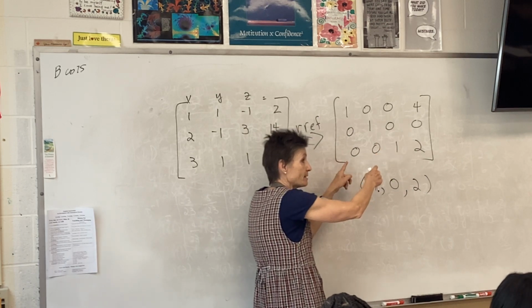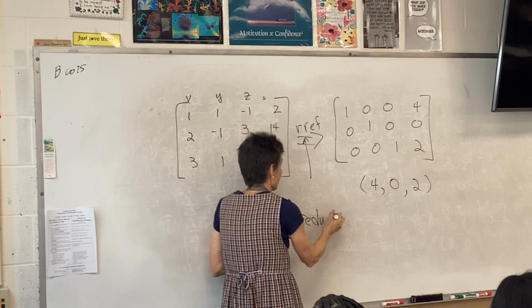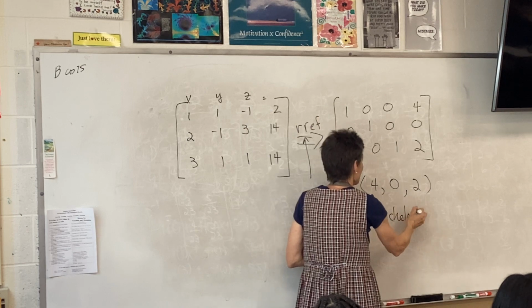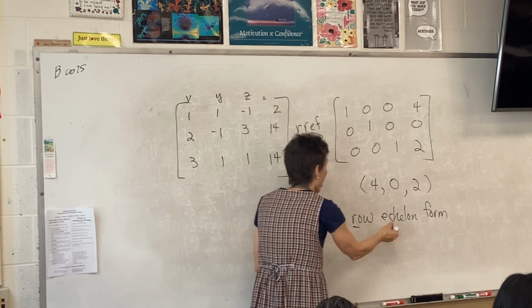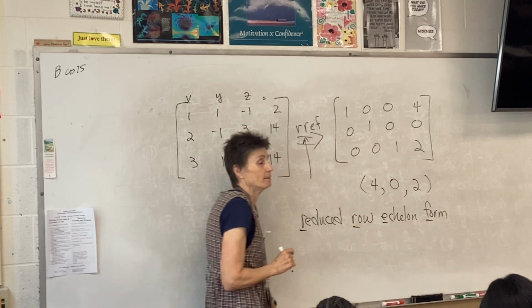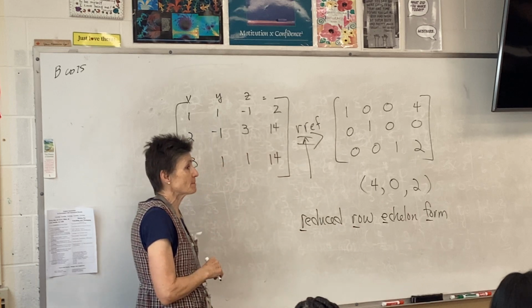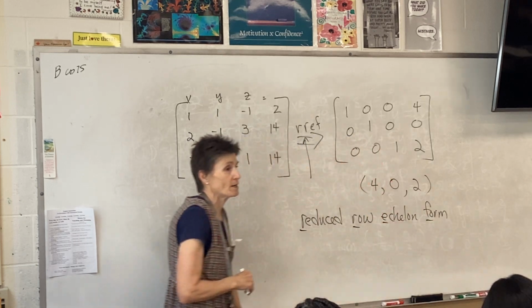That matrix is in reduced row echelon form. When you do Gauss-Jordan reduction, that is the process that transforms the matrix into RREF, reduced row echelon form.